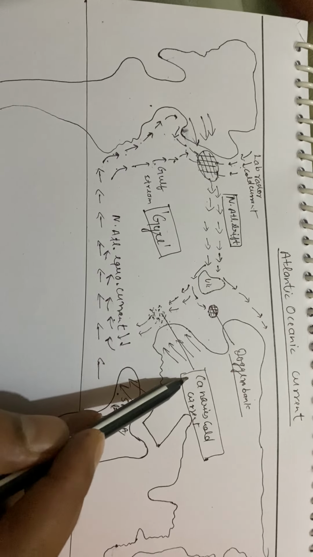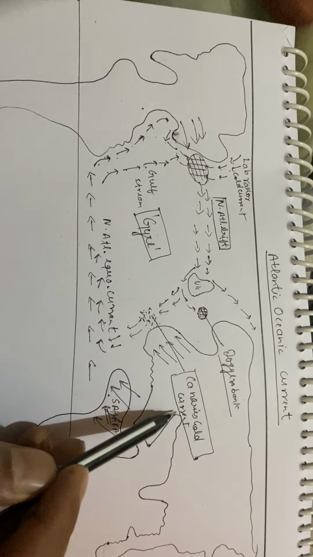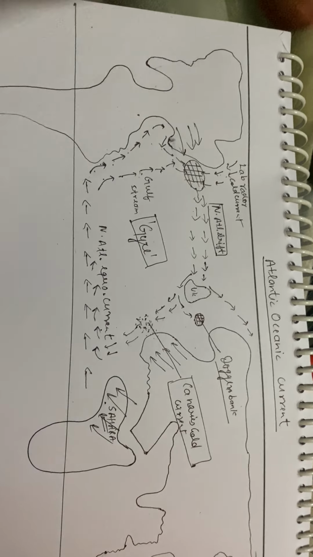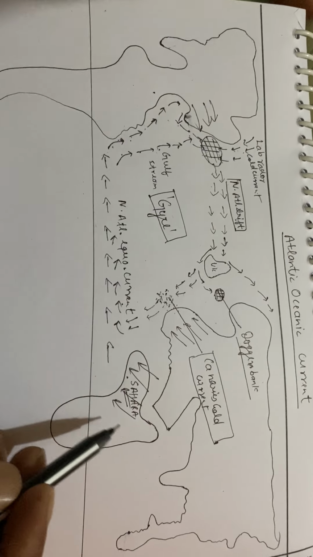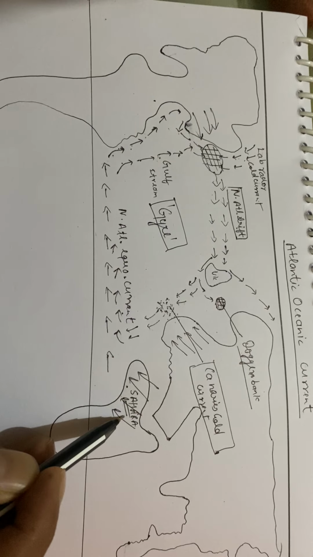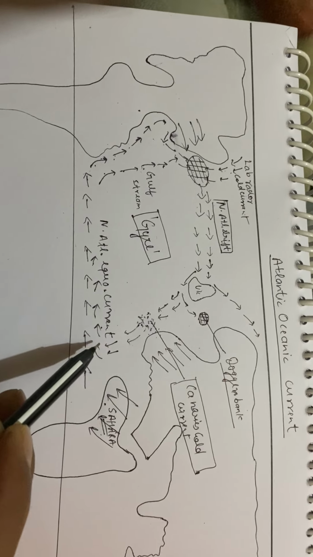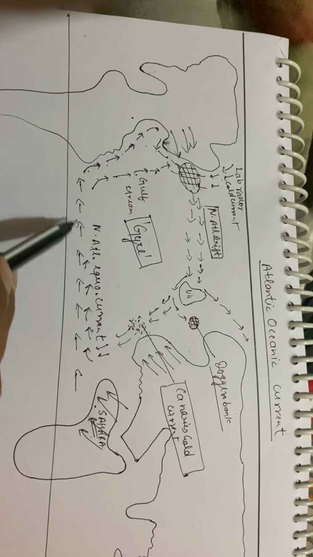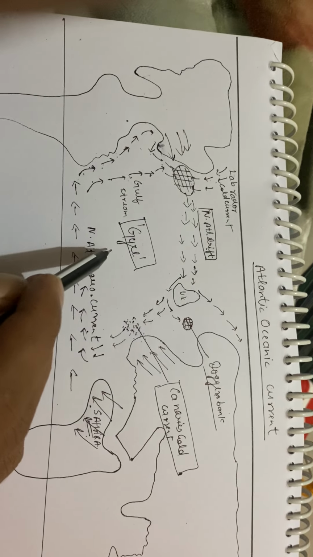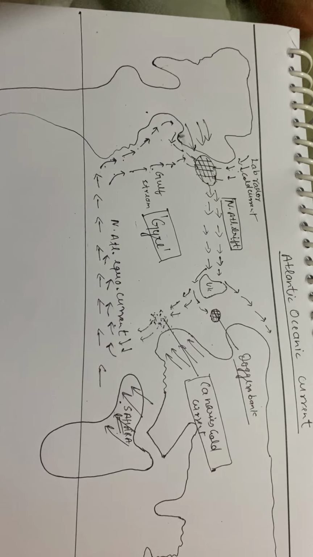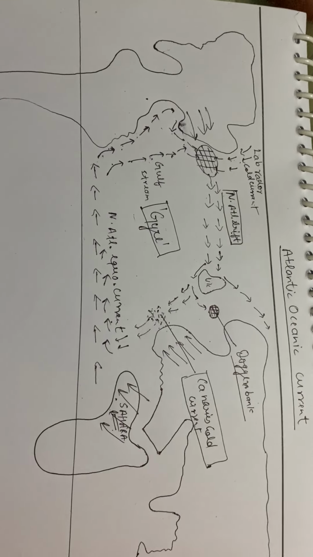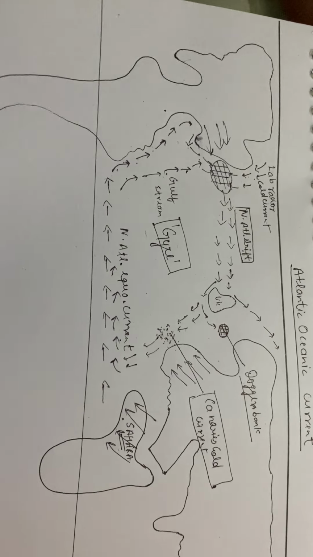So due to the Canary cold current, a desert is found, called the Sahara, and this current will join the original mainstream, so completing one cycle is called a gyre. I think this is very clear to you. This is the total picture of the northern hemisphere.